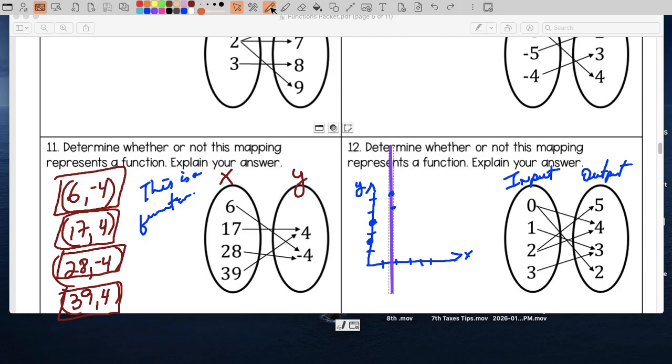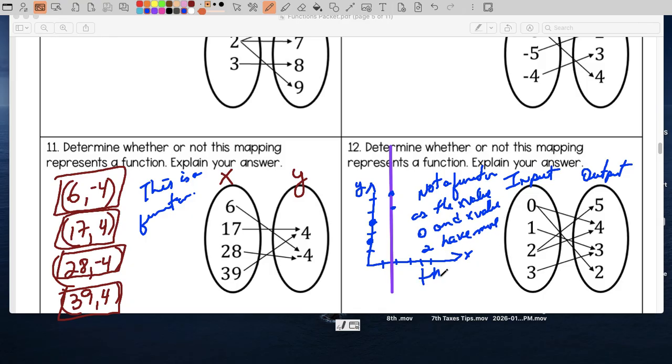So this is not a function, as the x value 0 and x value 2 have more than one output. Okay, right. Pretty easy, right?